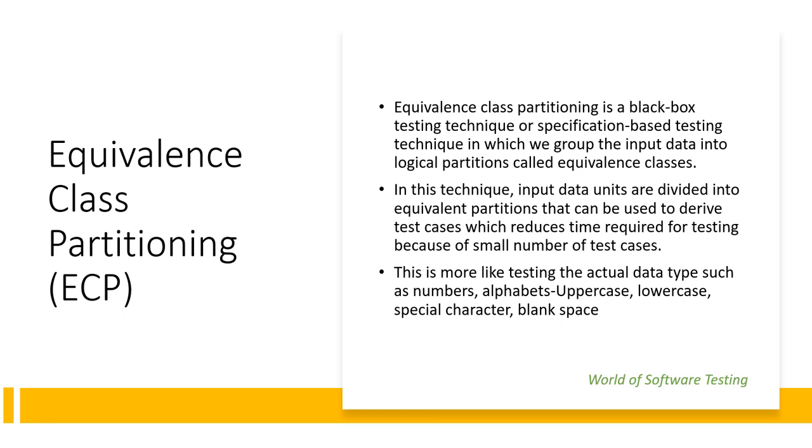As we already discussed in our previous lecture, practically it's not possible to do exhaustive testing with each test data. So it's better to have some technique to reduce this data and in parallel improve the coverage. So it divides the input data of a software into different equivalent data classes.